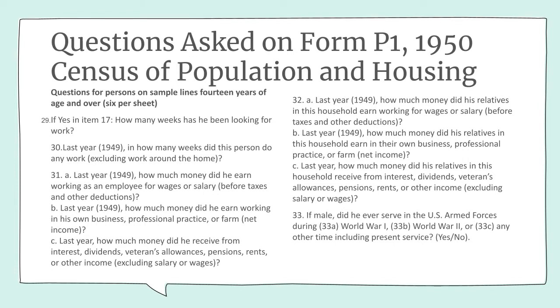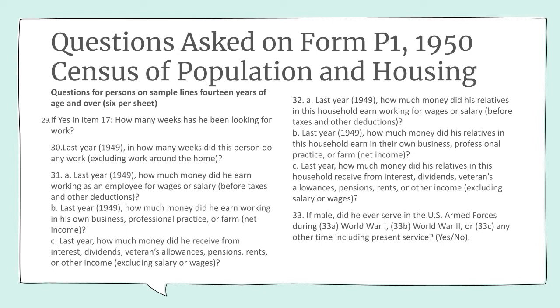Now, questions again for persons on the sample line. If yes, item 17, how many weeks has he been looking for work? In 1949, how many weeks did he do any work, excluding work around the home? In 1949, how much money did he earn working as an employee for wages or salary before taxes and other deductions?